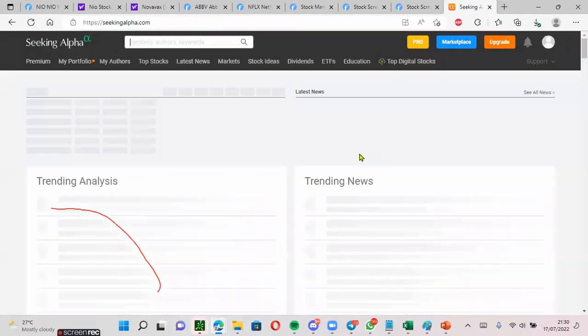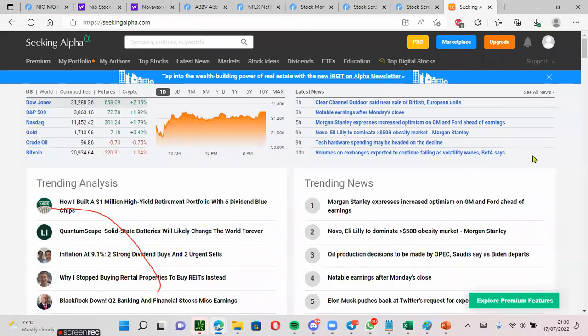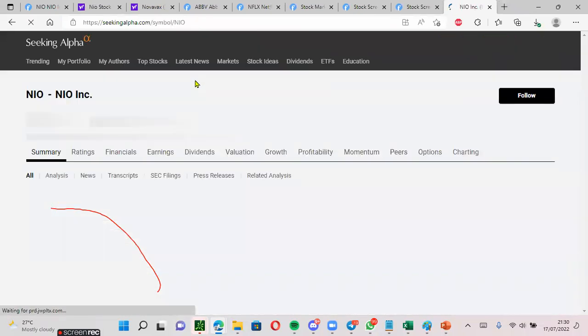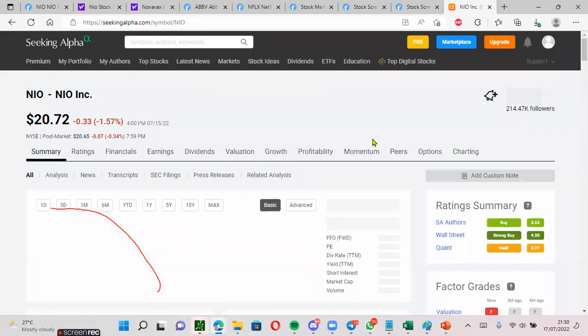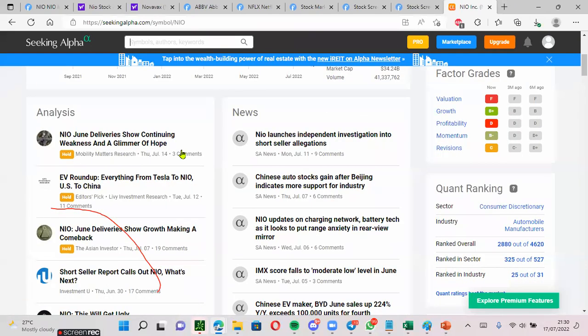If Tesla does good, eventually some EVs will wake up and run. Okay, I think people are saying just hold, on Seeking Alpha: June deliveries show growth making a comeback.